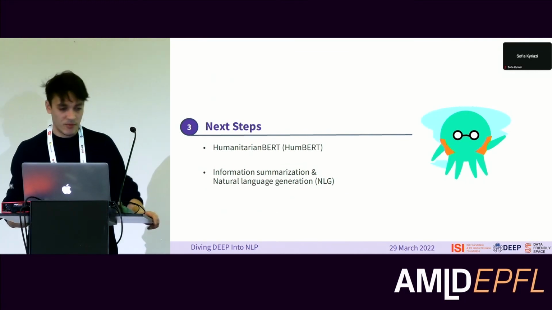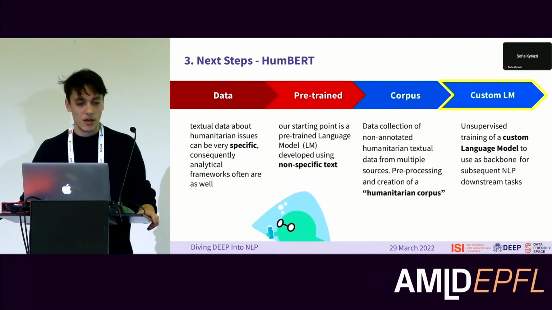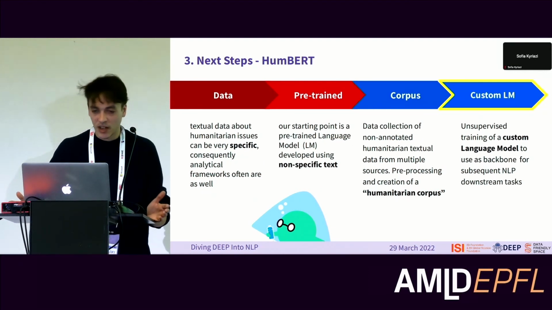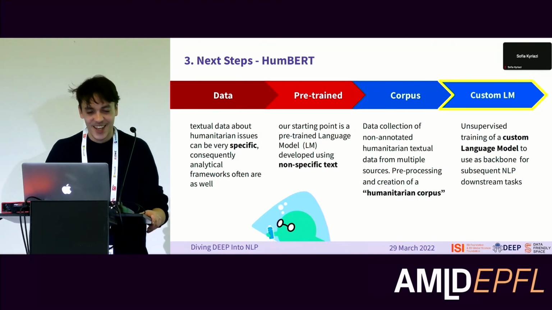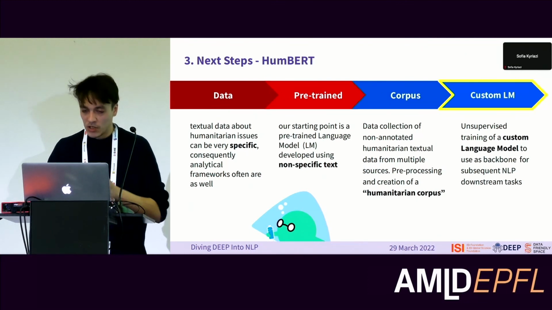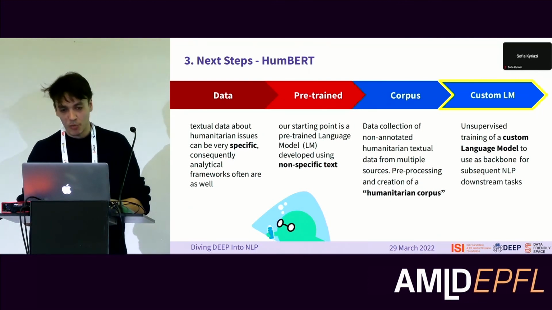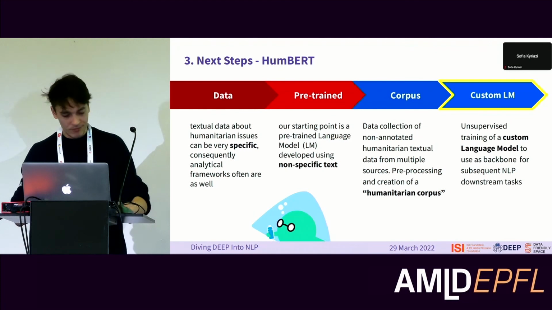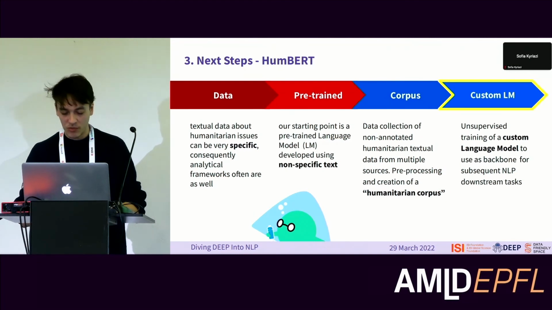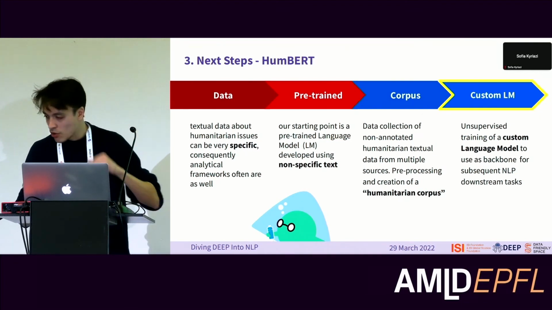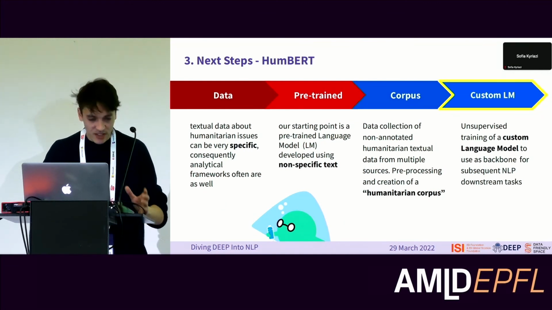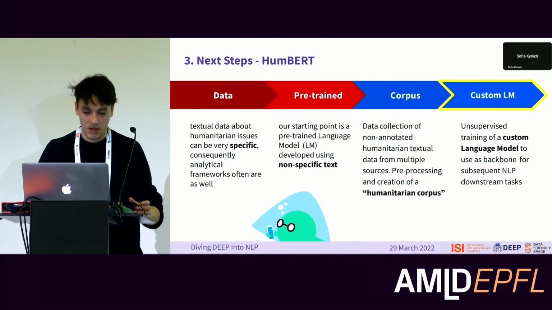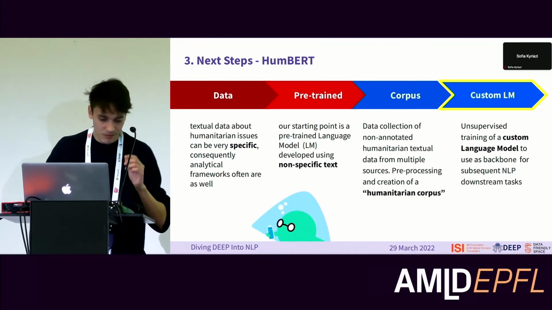And so, some next steps, very quickly. First of all, we already started to work on a humanitarian BERT, that I call HumBERT, for textual data. Our starting point, as I said before, is a pre-trained, task-agnostic distilled language model, but a lot of these pre-trained models are trained on super generic text, like Common Crawl, wiki, etc. In the humanitarian sector, however, language can be very specific, different from wiki text or news text.